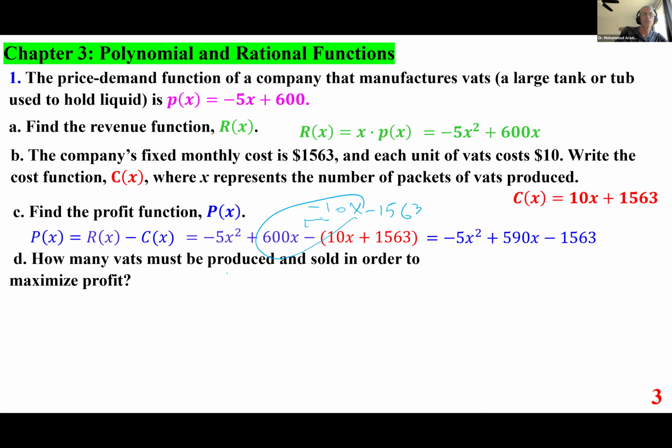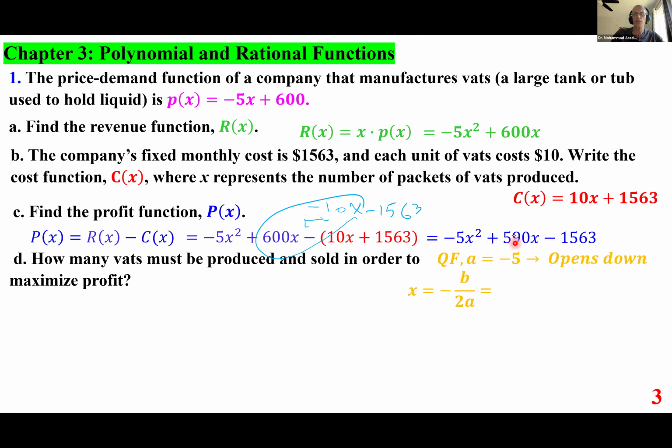How many vats must be produced and sold in order to maximize profit? It's a quadratic function, where a is negative 5, so it opens down. The maximum occurs at its vertex, x equals minus b over 2a.